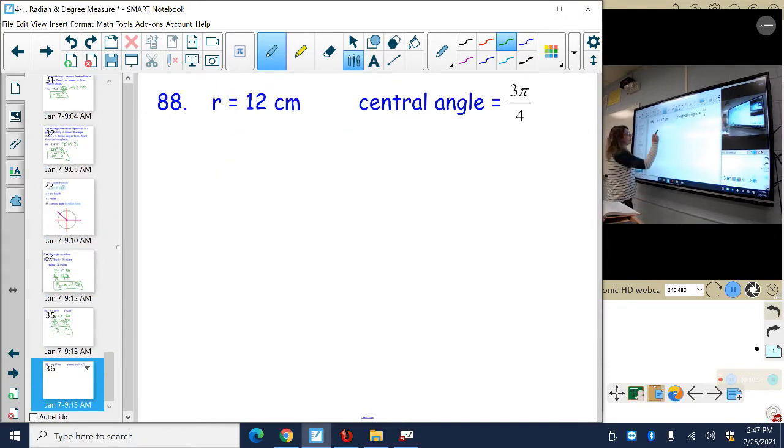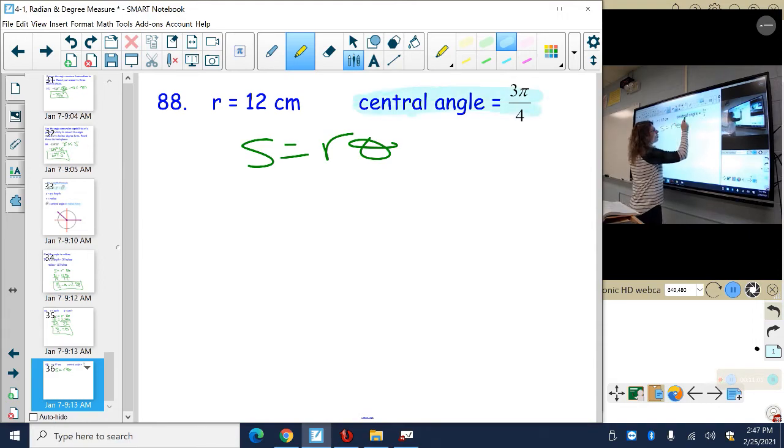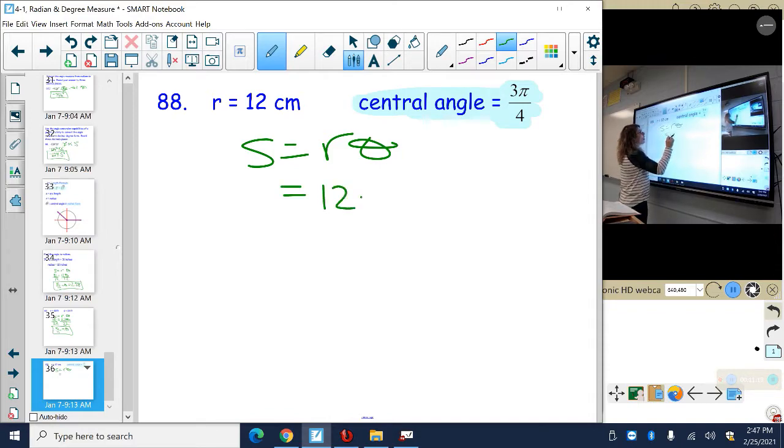This one right here, S is equal to R times theta. Now, what you notice in this problem is that your central angle is given to you in radian form. Your radians is what you want it to be in, so we're going to go ahead and keep that. If it was given to you in degrees, you would switch it from degrees to radians. So this is going to be 12 times 3 pi over 4.